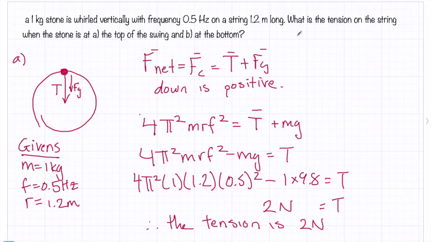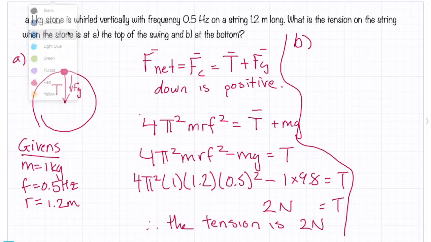If we do part B, so we have the exact same setup in terms of givens. The only difference is that we are going to be at the bottom of this circle. So the tension force is now pointing up.